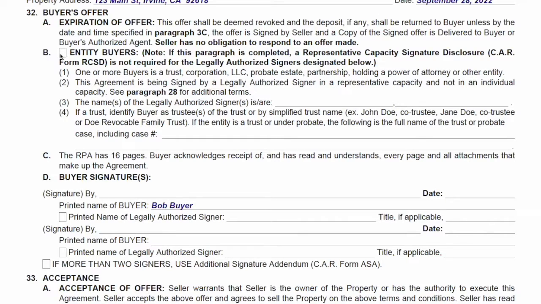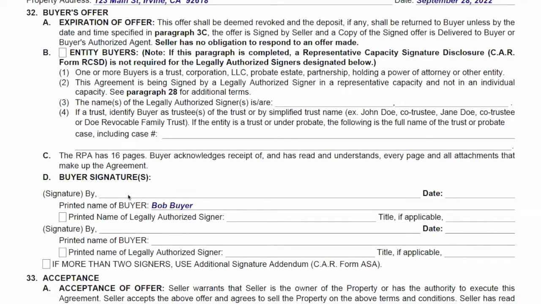I'm going to do a separate form, CAR form RCSD, representative capacity signature disclosure, which basically authorizes an individual, let's say Bob Buyer, to sign on behalf of his corporation or trust or whatever. And if that's the case, the name of the buyer should be the name of the entity, not the name of the individual. If you have any questions, leave a comment.